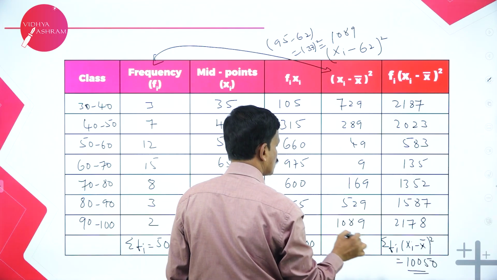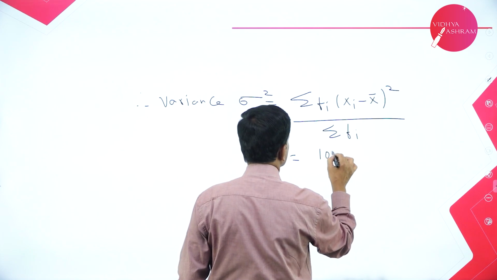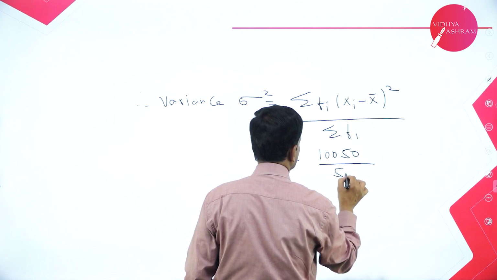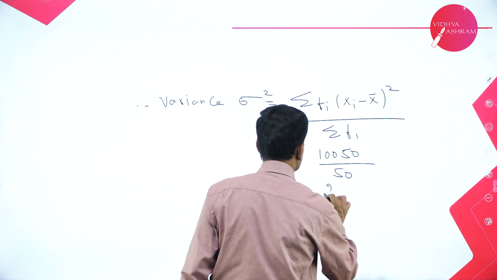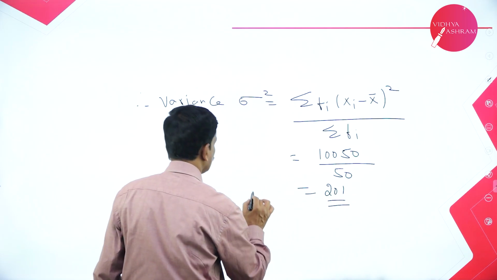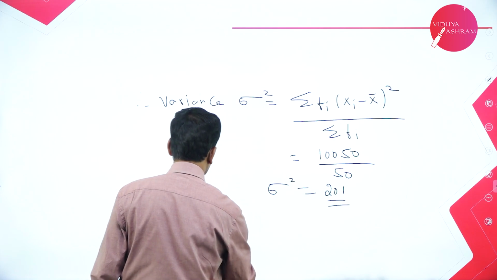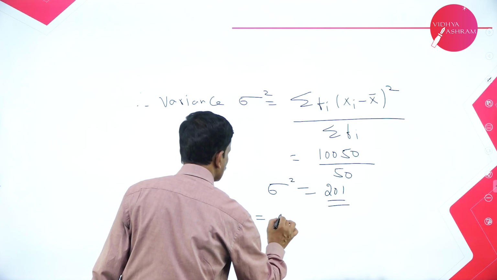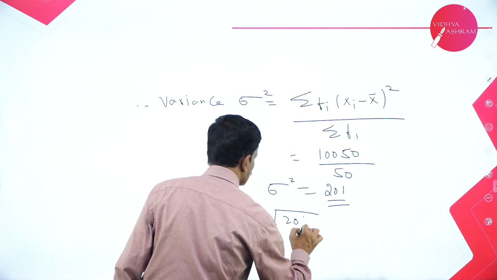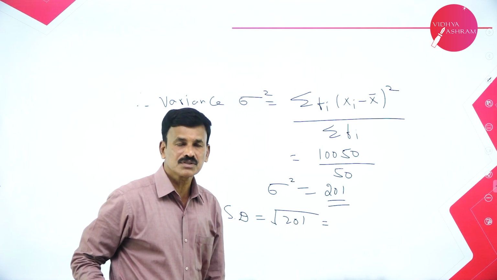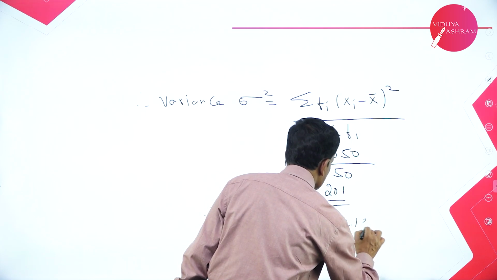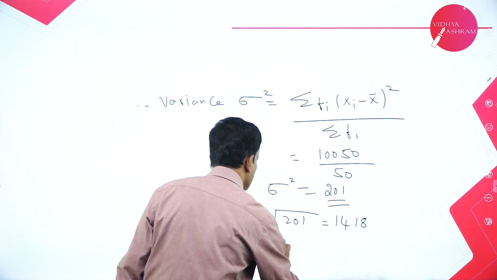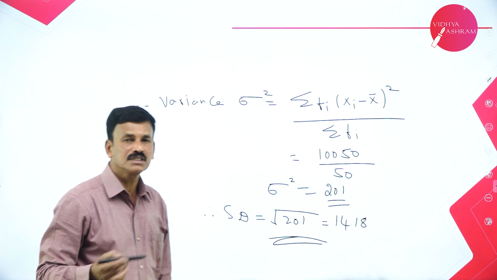This is equal to 10050 divided by 50, which is 201. So the variance rho square is 201. Now therefore the standard deviation is equal to square root of 201, which is 14.18.